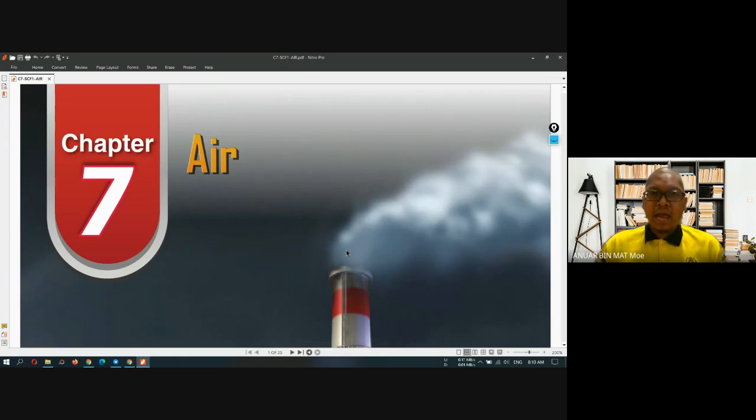For example, the element. In chapter 6 you learned the element, the compound, the mixture. And then for chapter 7, one of the substances that is very important in our daily life is air. What is the composition of air, and what is the use of air.